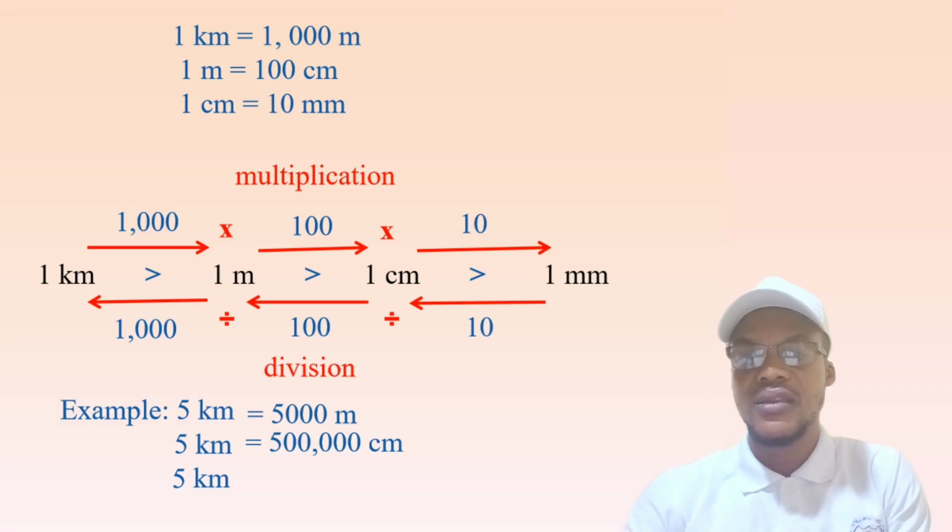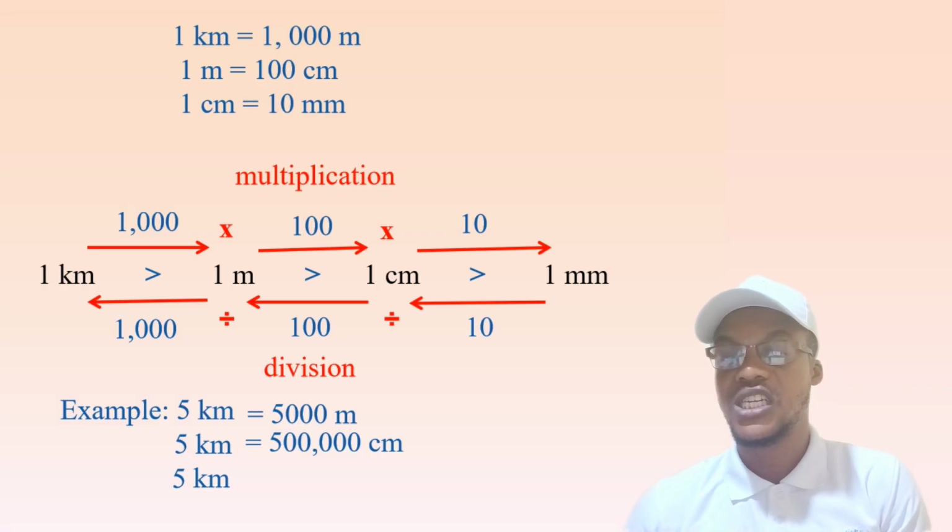What about if I'm changing the same 5 kilometers to millimeters? When I changed from kilometers to centimeters, I multiplied by 1000 and by 100.